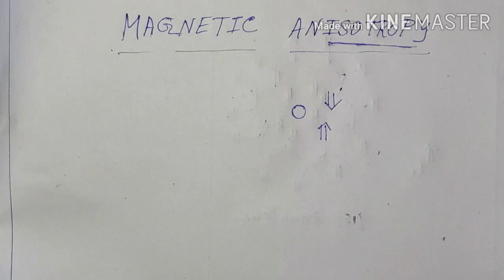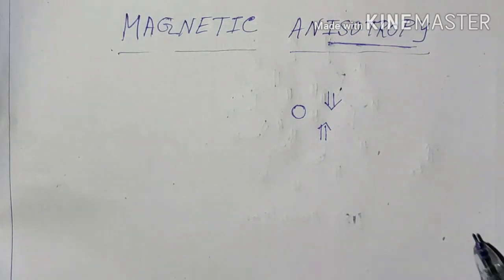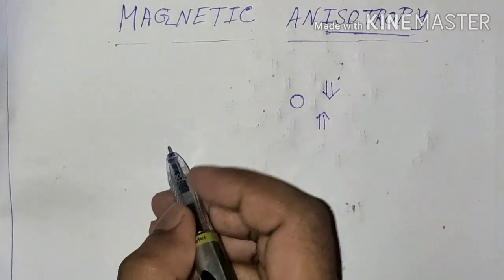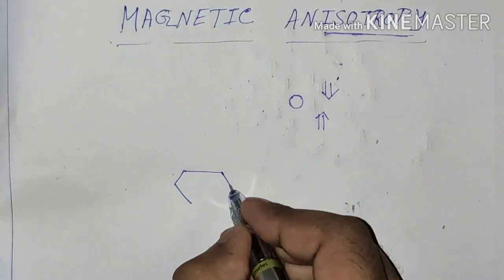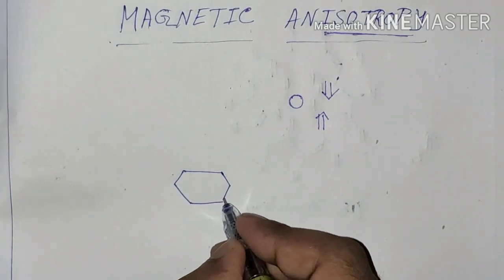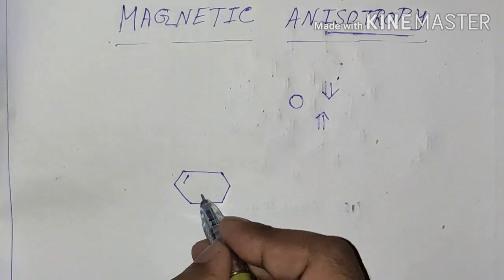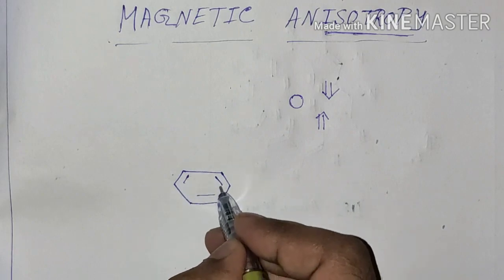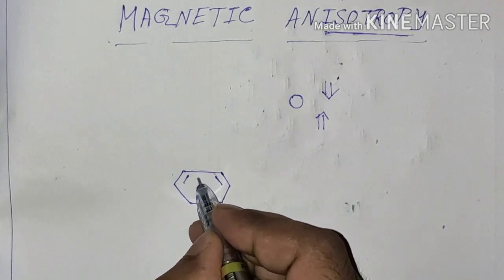Now let us understand how this applied magnetic field affects an NMR active nucleus. Just take one example. A simple example is benzene, which is aromatic, and there are 3 pi bonds and all the 6 pi electrons are conjugated along the ring.